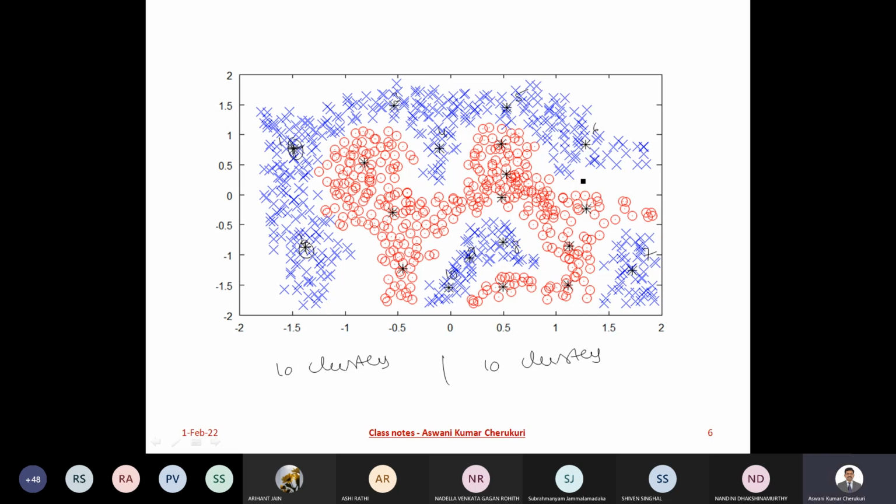And in order to do this exercise, he used the k-means clustering algorithm, which tries to identify the cluster centers. Now this is the cluster, and for that this is the center, and this is another cluster, and for that this is the center. And this is another center, this is another center. So cluster centers are identified.